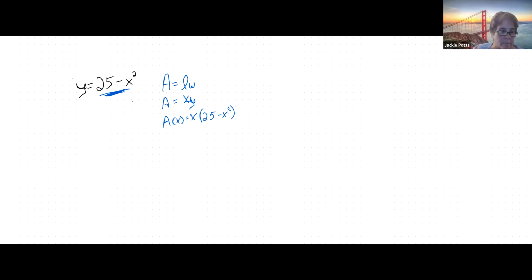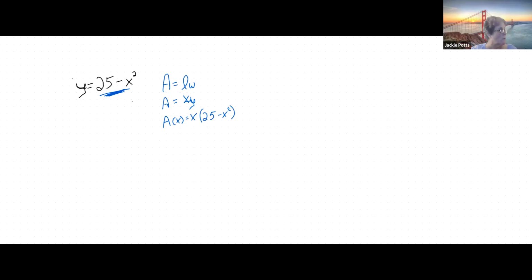Now, the domain. Typically, we'd look at this as just a normal function. We would think all real numbers because it's not a radical, it's not a fraction.